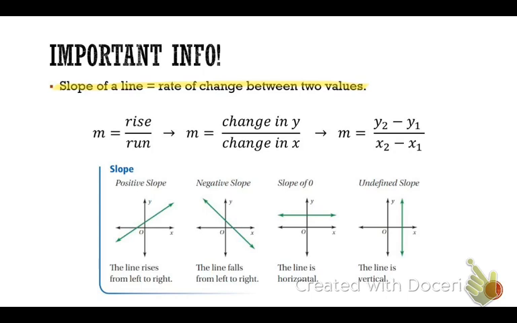The slope of a line, you need to understand what that is. What does that even mean, to find the slope of a line? It is the rate of change between two values, and those two values are your x and your y values. With any linear equation, you guys remember, what does it mean for an equation to be linear? It forms a straight line.